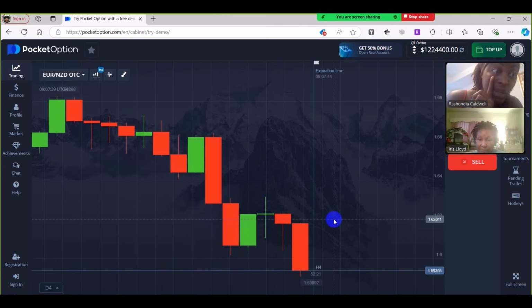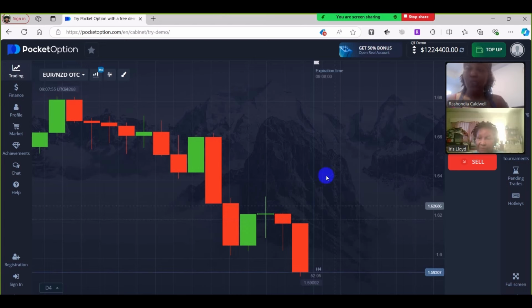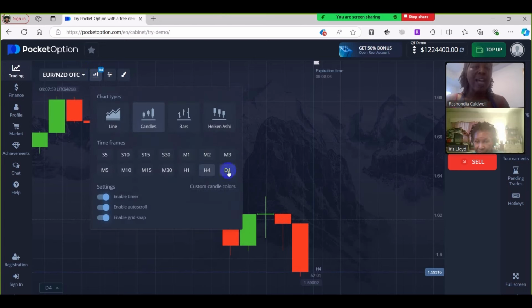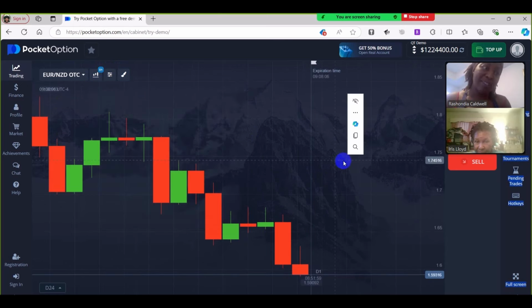It's a red candle, but on the smaller time frames, it would look green, to fake you out. So that's the reason why the higher time frames matter.